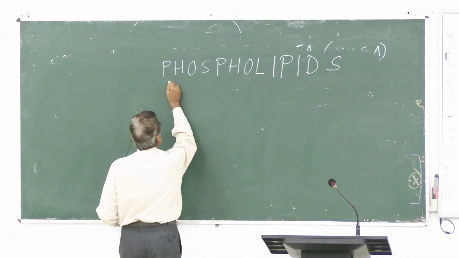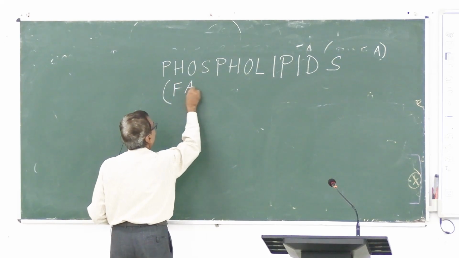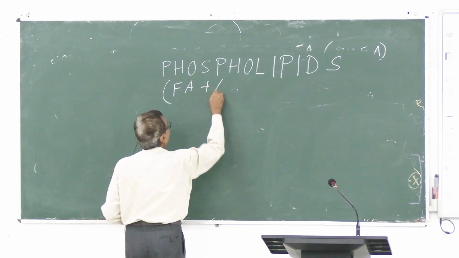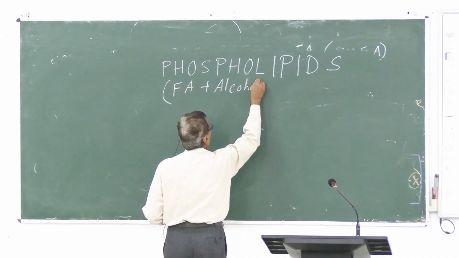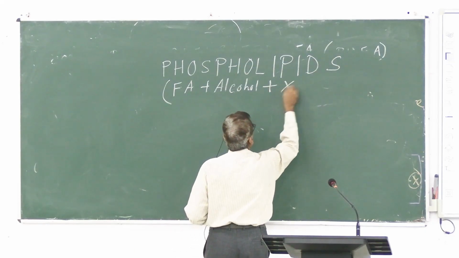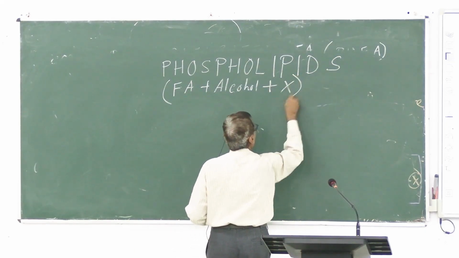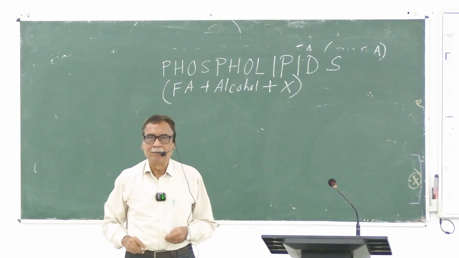Phospholipids mean, what is the background? Fatty acid plus an alcohol plus a third part, which is phosphoric acid.